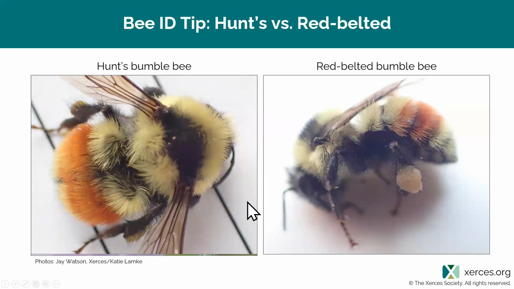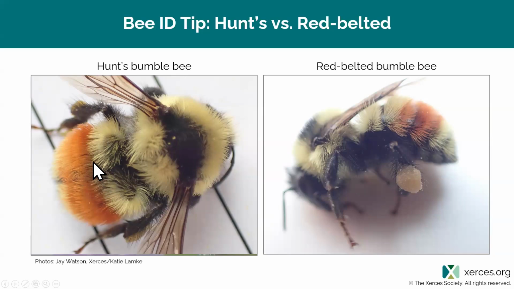I think we may be getting close to time here, but just really quickly, some tips on differentiating between Hunt's and red-belted bumblebee females. Once again, you want to look to see what's going on with T2 for this species. In general, you are not going to see that many yellow hairs on T2 for Hunt's bumblebee.